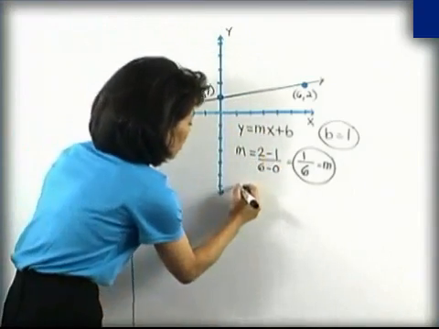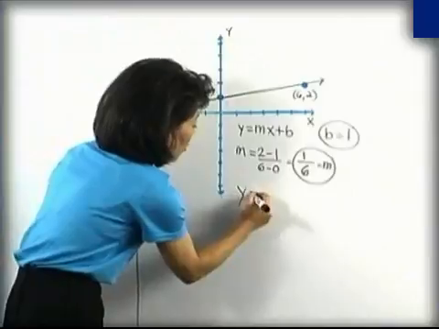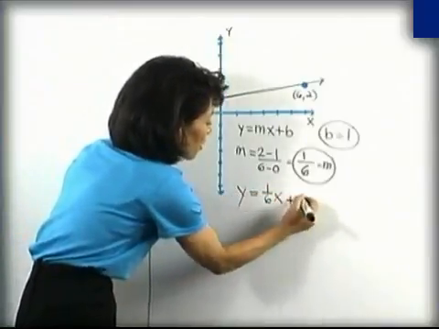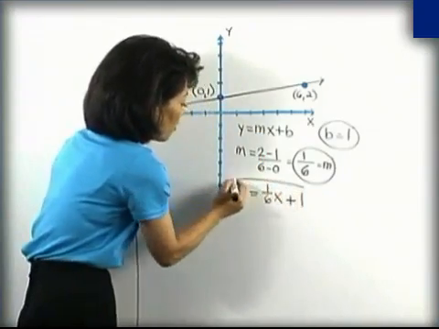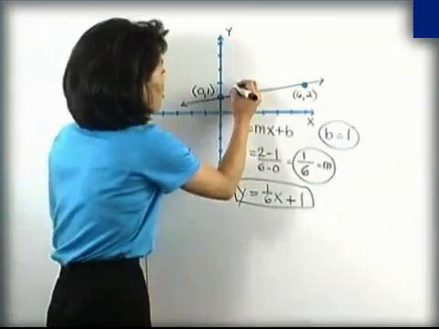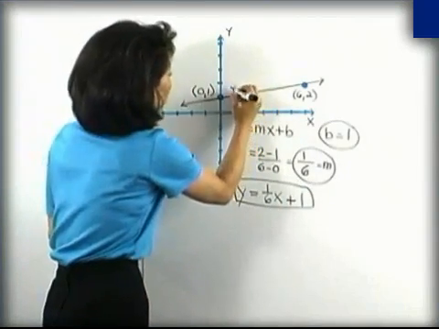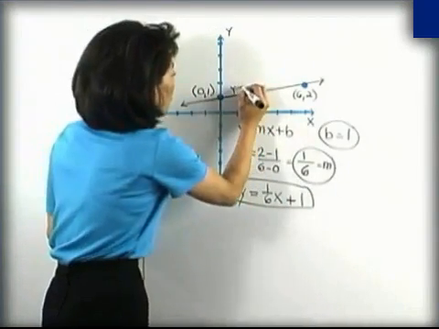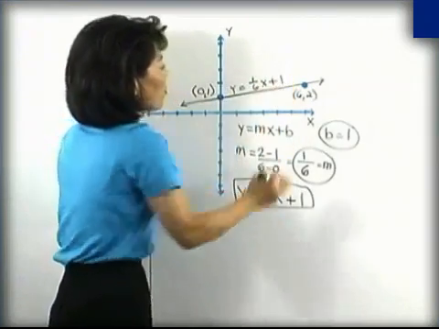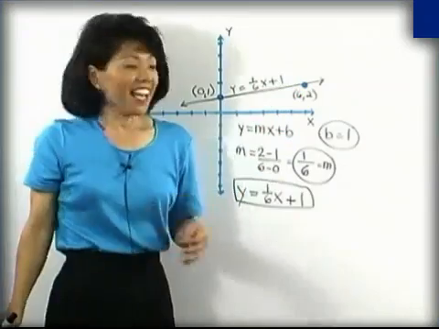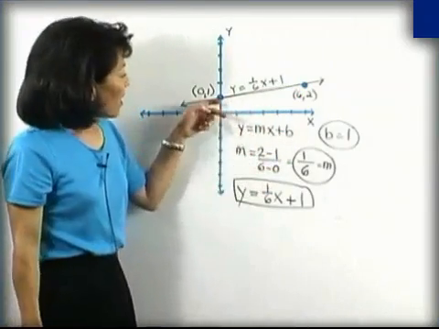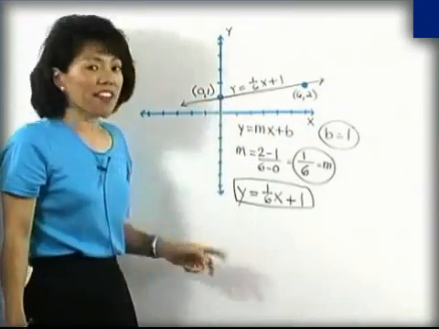So using my slope-intercept form, y is equal to 1/6 x plus b, but we found b equals 1. So again, just to clarify, the equation of this line is y equals 1/6 x plus 1.